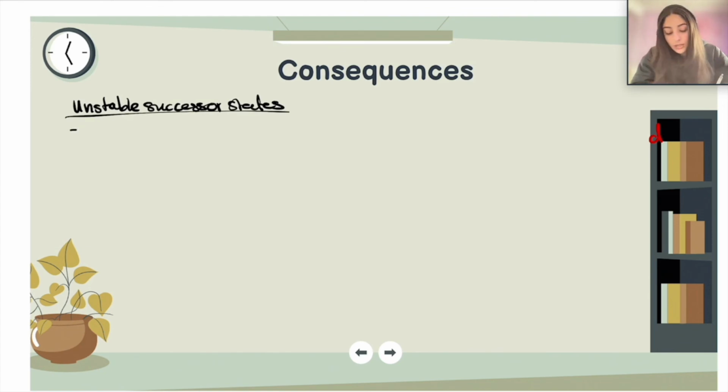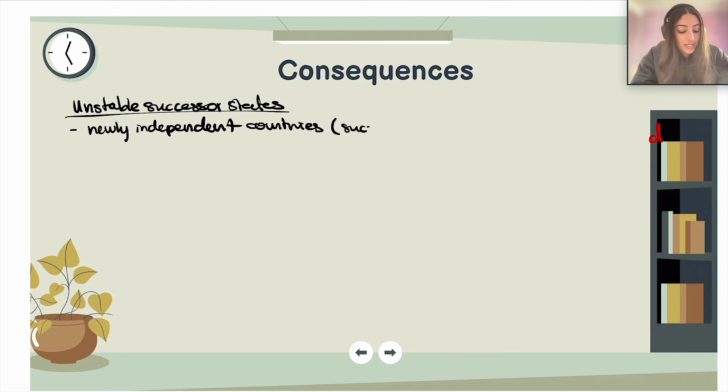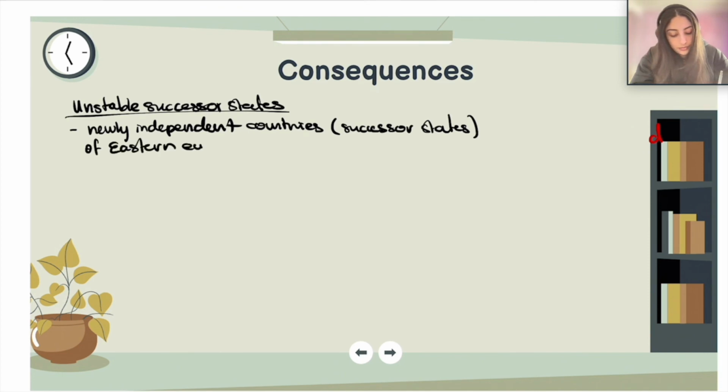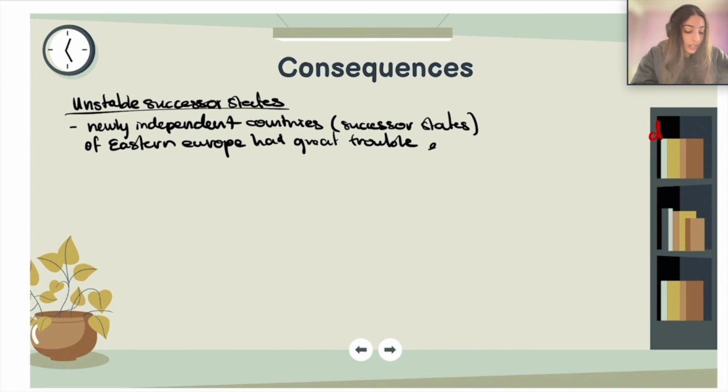Well, the newly independent countries known as the successor states of Eastern Europe had great trouble establishing themselves as a democracy.